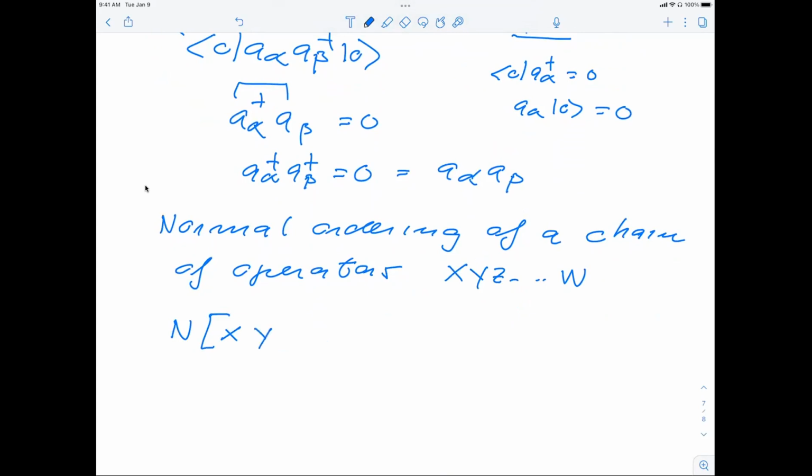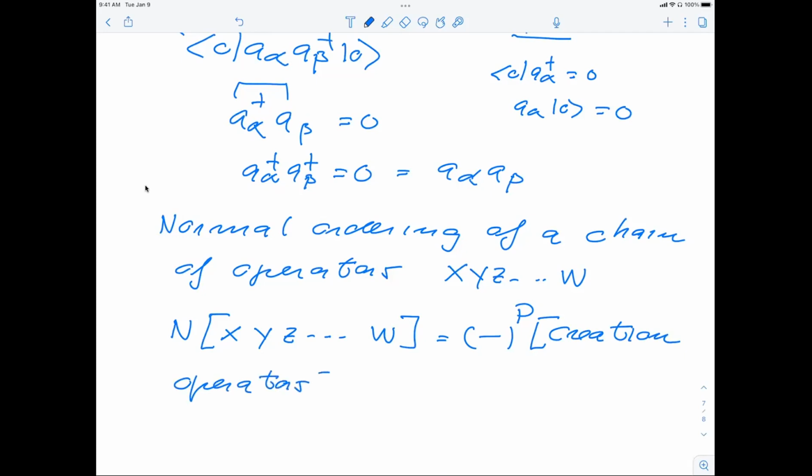So this normal ordering of this chain of operators is now given as minus 1 to the power p, where p is the number of permutations I'm making. So this is the creation operators, multiplied with the chain of annihilation operators.